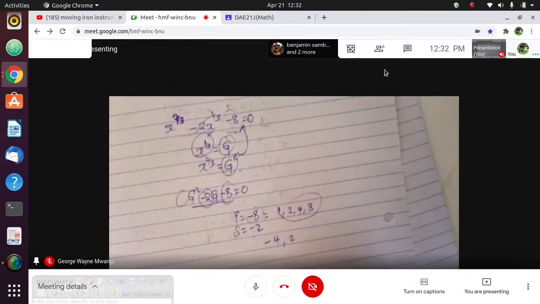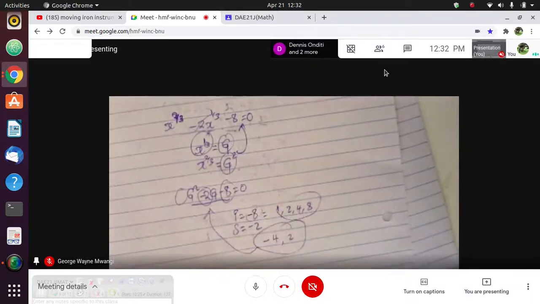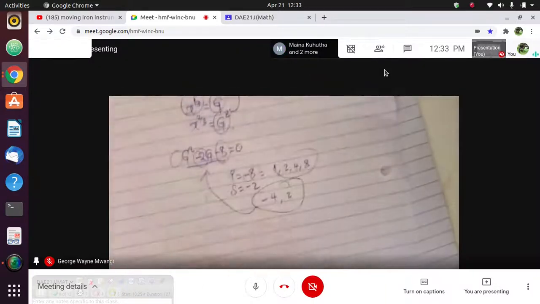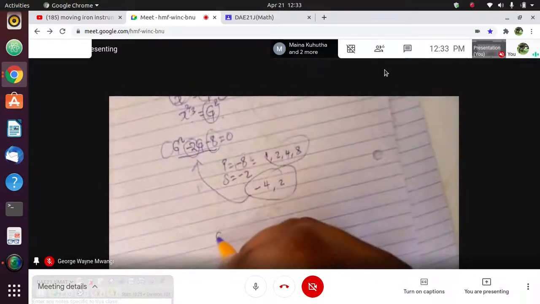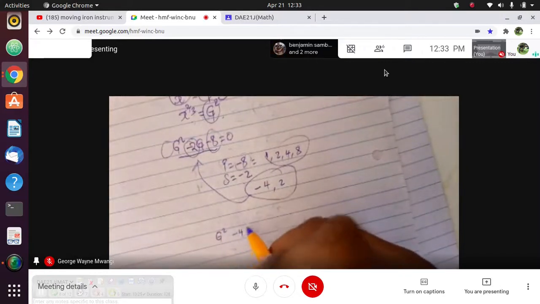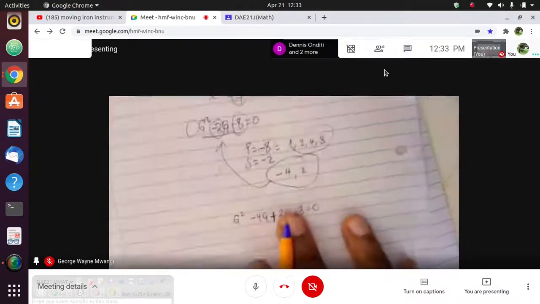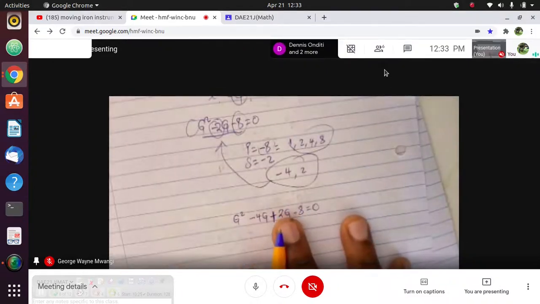Now, when I replace these two numbers in our quadratic equation, what I'm left with is g squared minus 4g plus 2g minus 8 is equal to 0. Now it is possible to factorize.